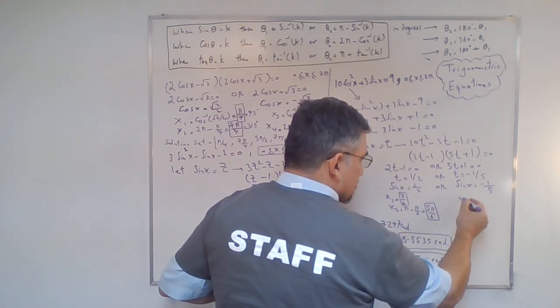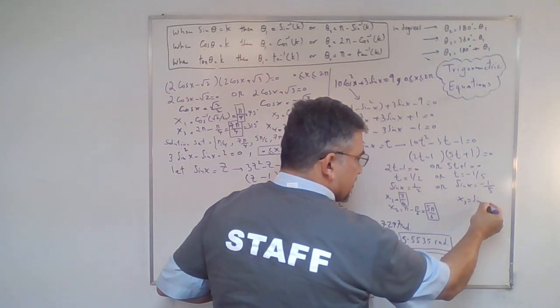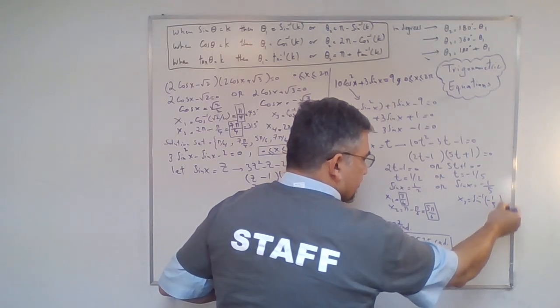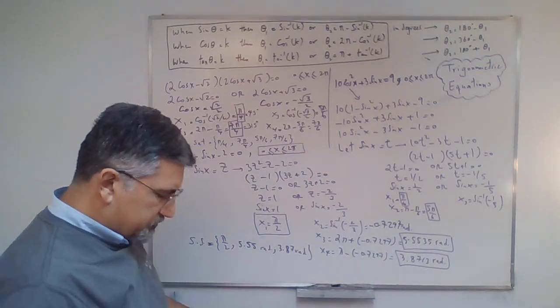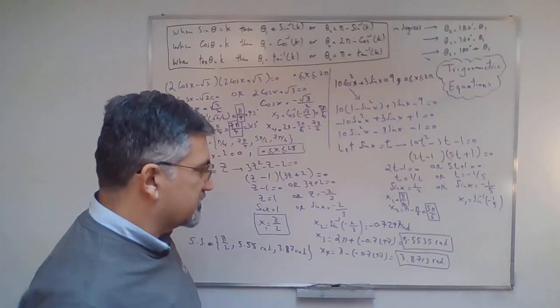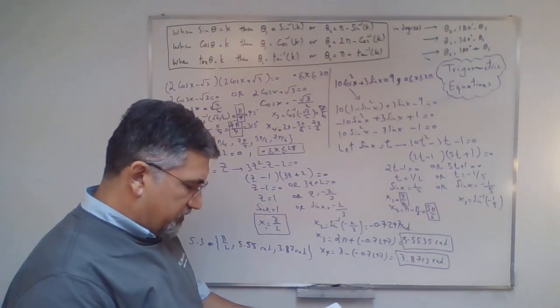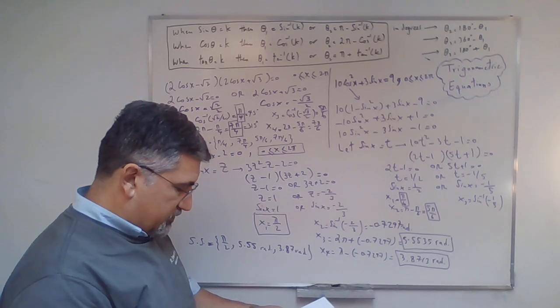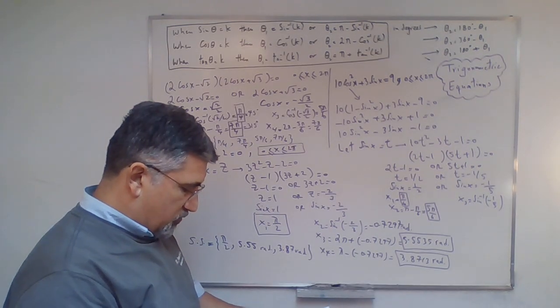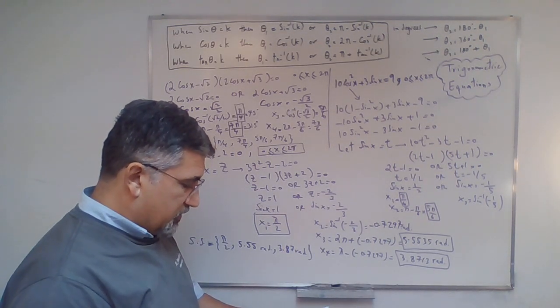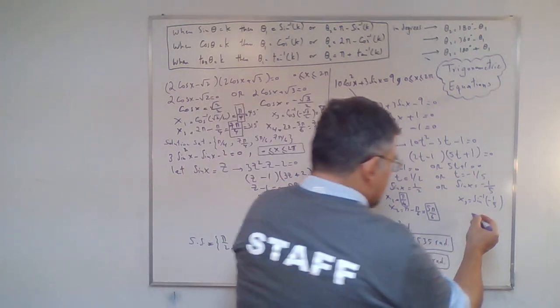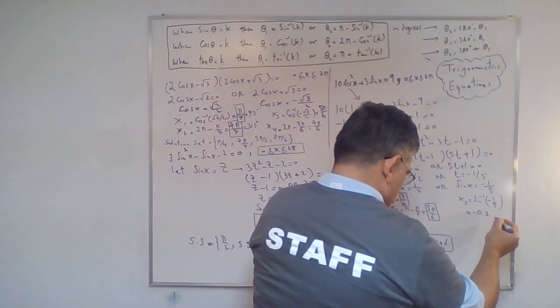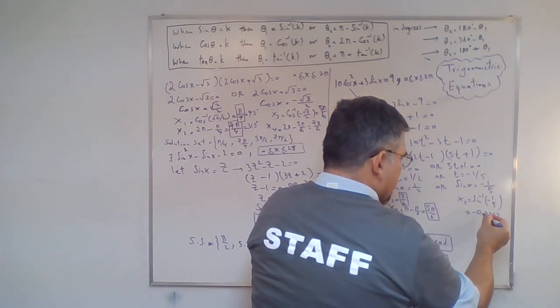So this one, this is x sub 3. It will be inverse sine of negative 1/5. Again, we have to use the calculator. So let me see what inverse sine of negative 1/5 is equal to. So it's negative 0.2013.